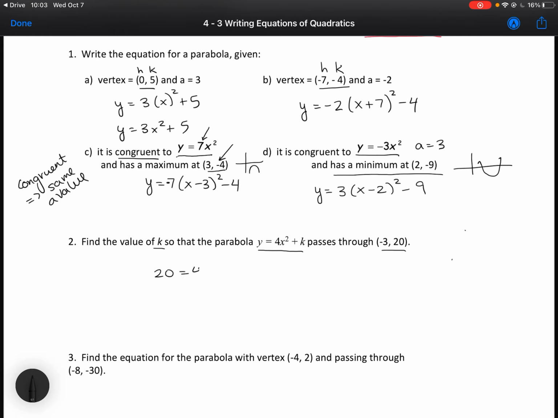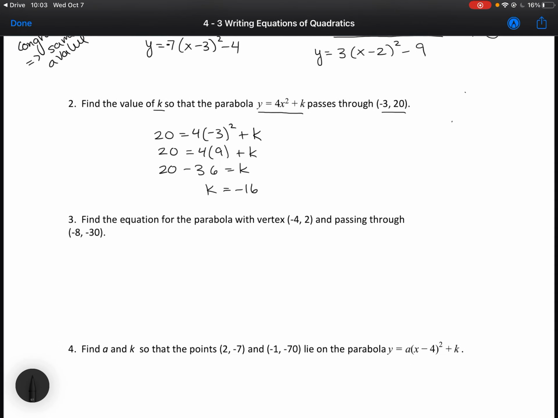So we've got 20 for y, minus 3 for x, and then we're solving for our k value. So we've got 20 equals 4 times 9 plus k. 20 minus 36 equals k. So k is going to be equal to minus 16.